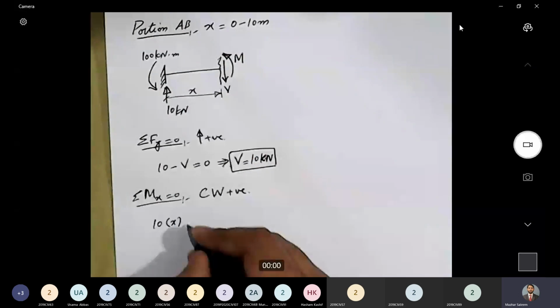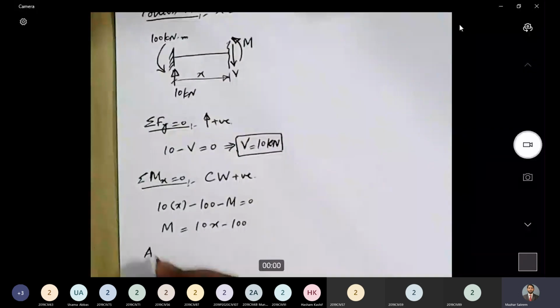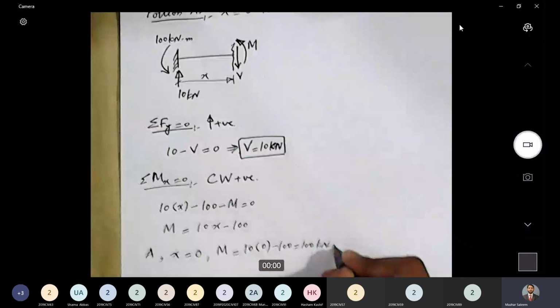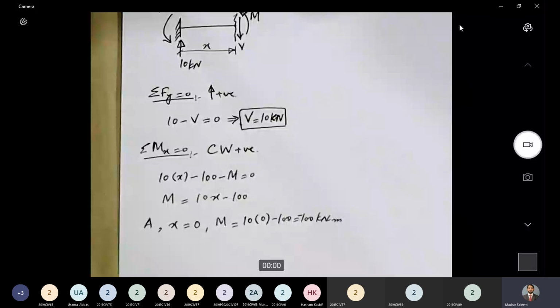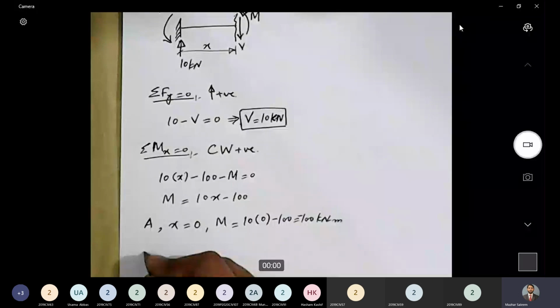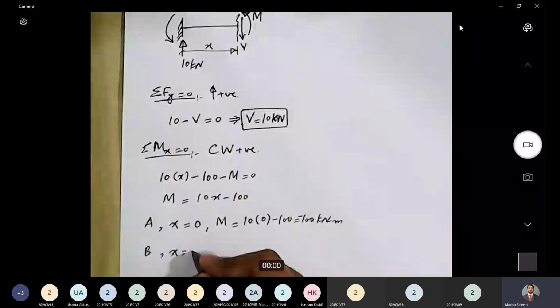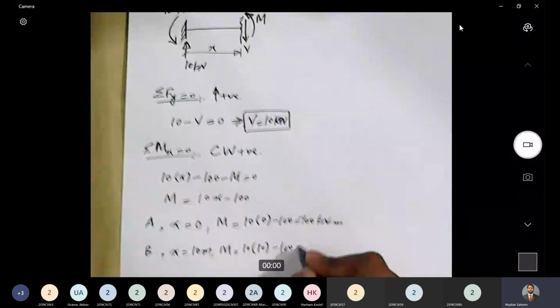So the value of moment at point A is equal to minus 100 kilonewton meter. And at B, x is equal to 10 meters. So M is equal to 10 into 10 minus 100. How much is that? 0. So the value of moment at point B is equal to 0.